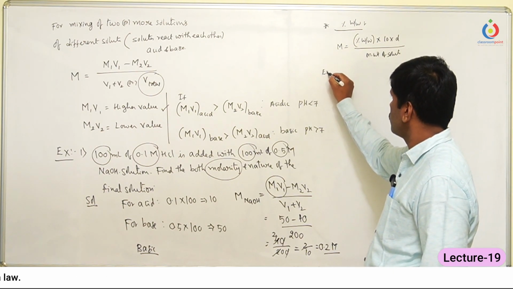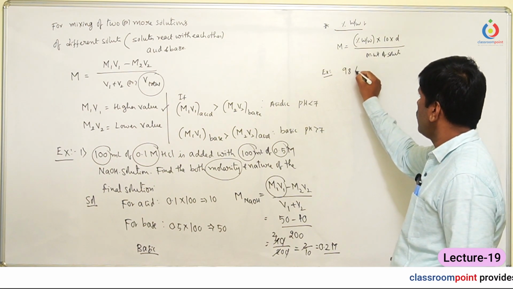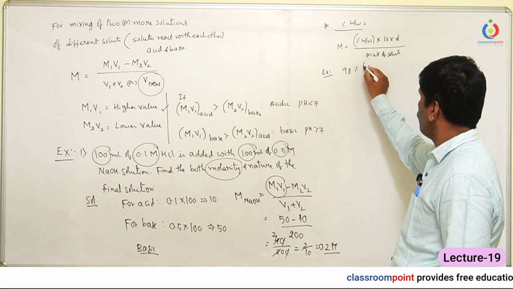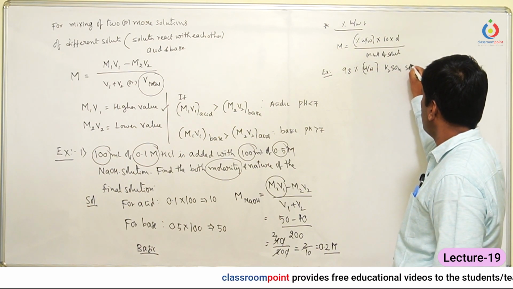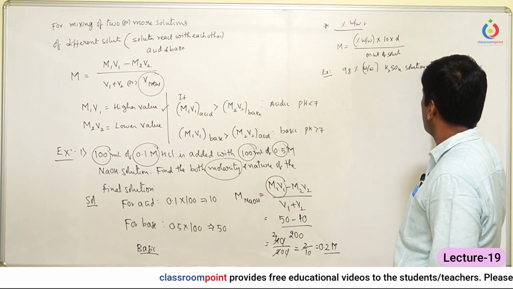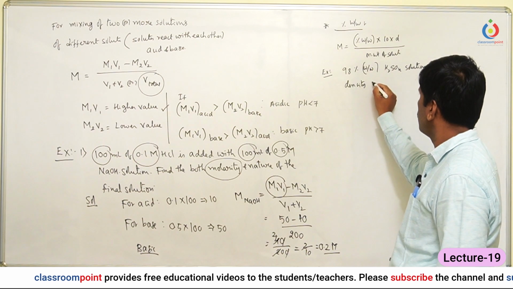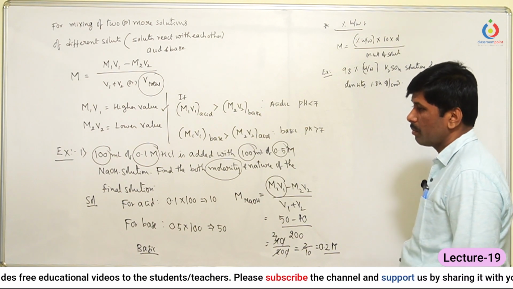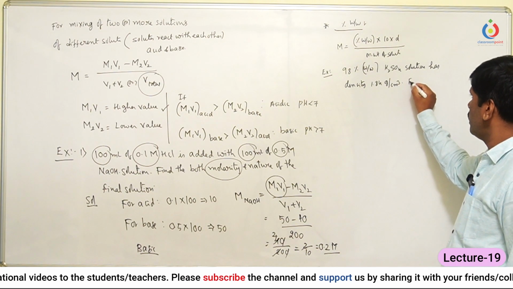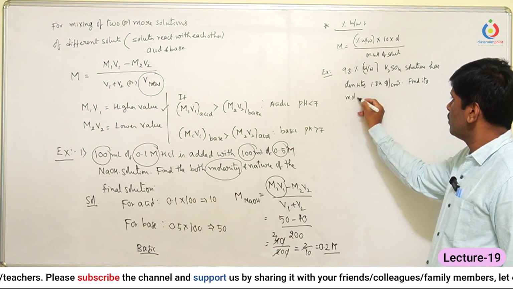Example: 98% weight by weight H2SO4 solution has density 1.84 grams per cubic centimeter. Find its molarity.